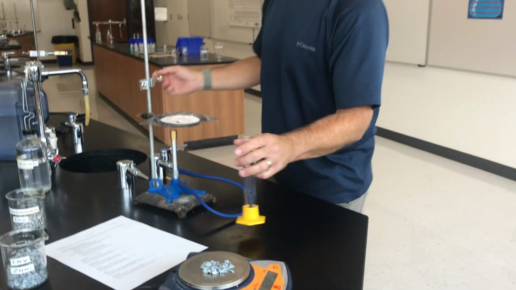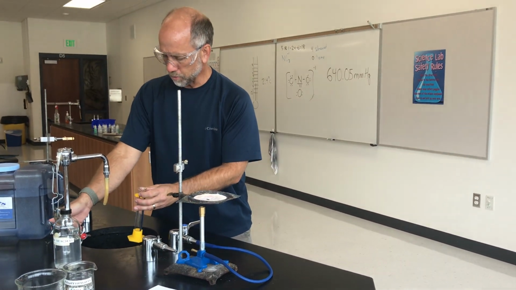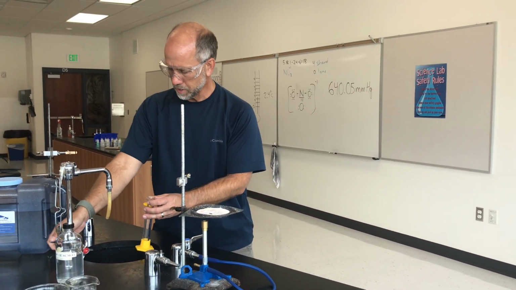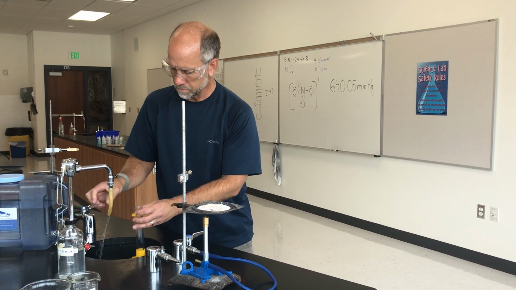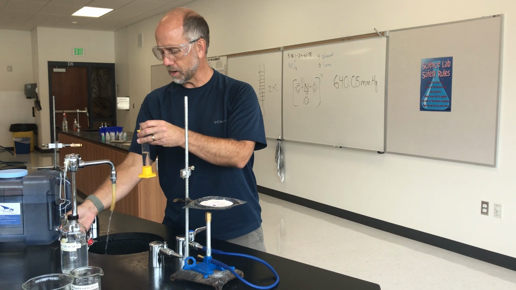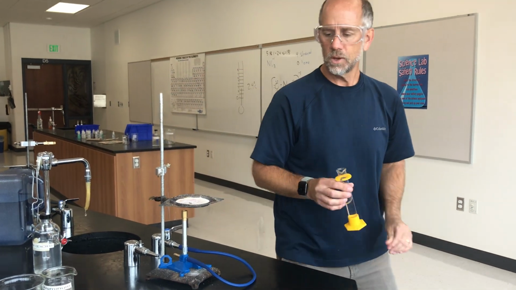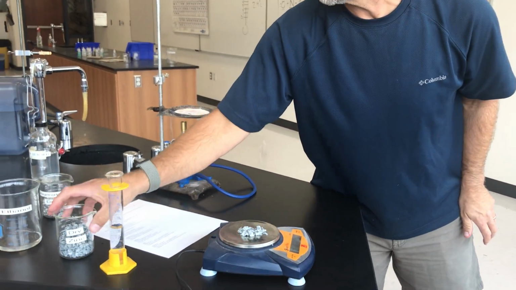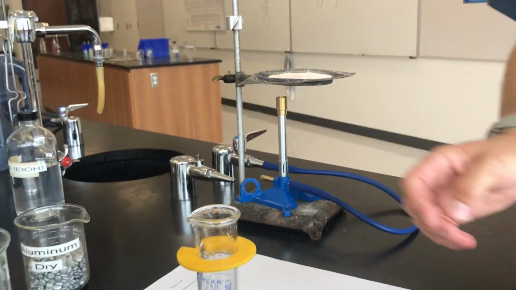From here then, to find the volume, we will use water displacement. To do that, we will get some water in our graduated cylinder. We will measure the volume of that water.